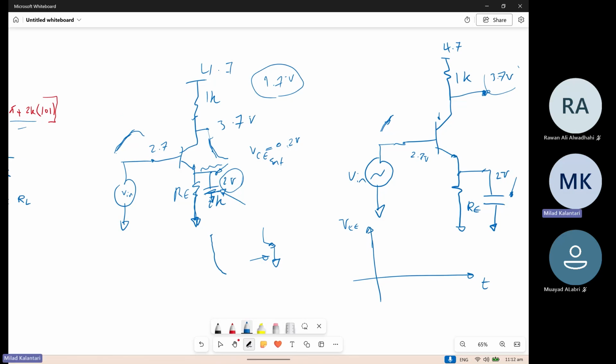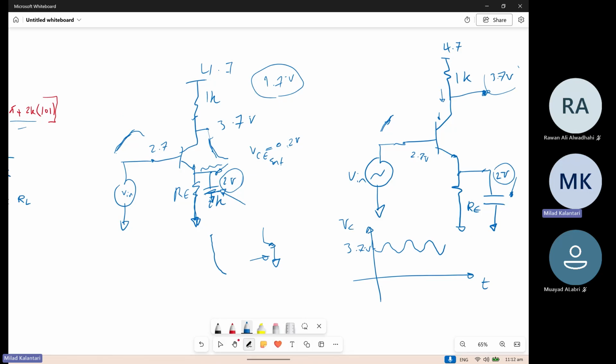So you can tell that the emitter voltage is always 2 volt, right? But the collector voltage is changing based on the IC and the gain, right? So initially, once there is no input signal, it is 3.7 volt. But once you are applying some AC signal, it is just varying around this 3.7 volt. Actually, this is VC, right?